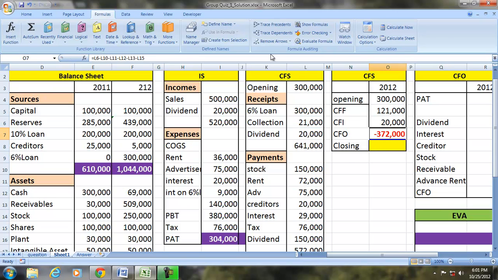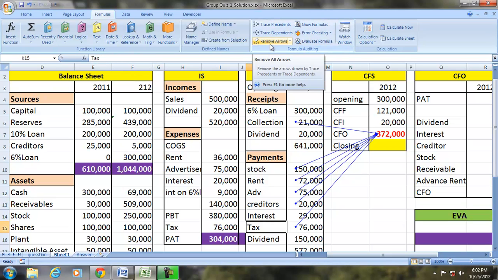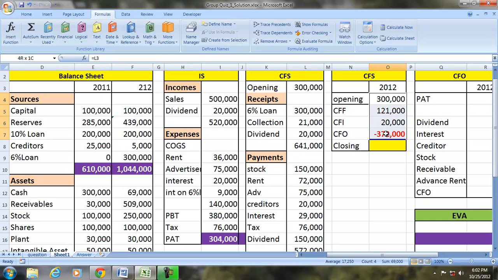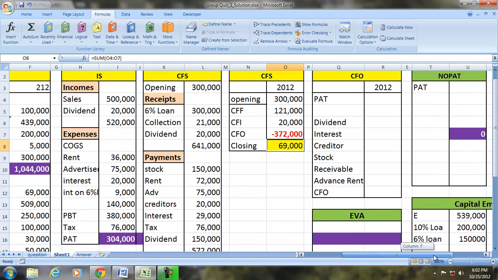So the CFO is a negative 372,000. The summation of CFO, CFI and CFF is equal to cash in hand, which is 69,000.